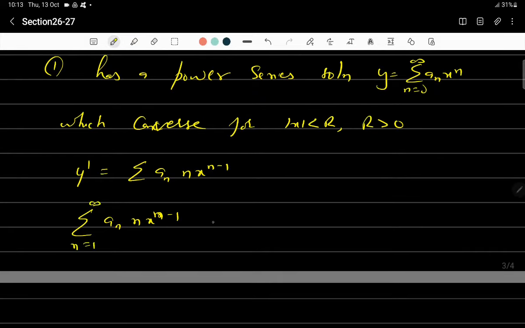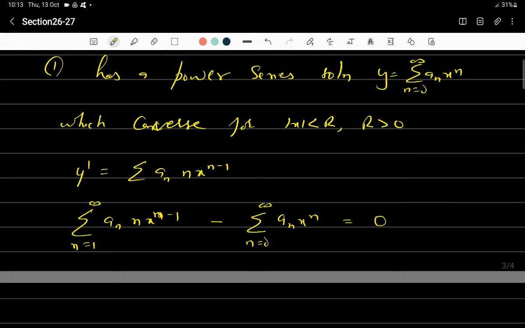It means the summation must start from n is equal to 1 and not n is equal to 0 to infinity.